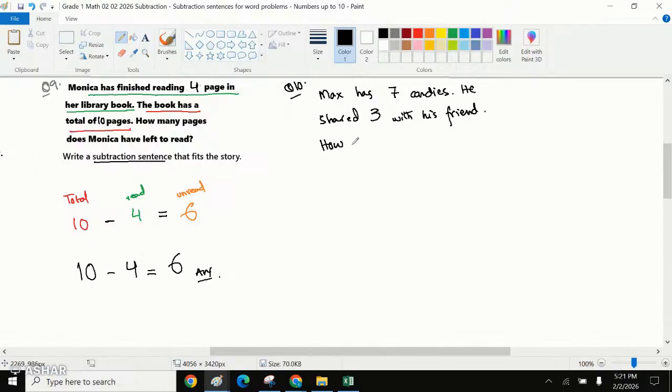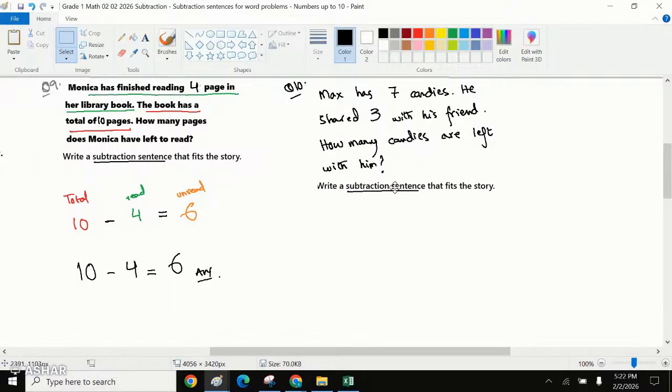How many candies are left with him? And we need to write a subtraction sentence for the story.